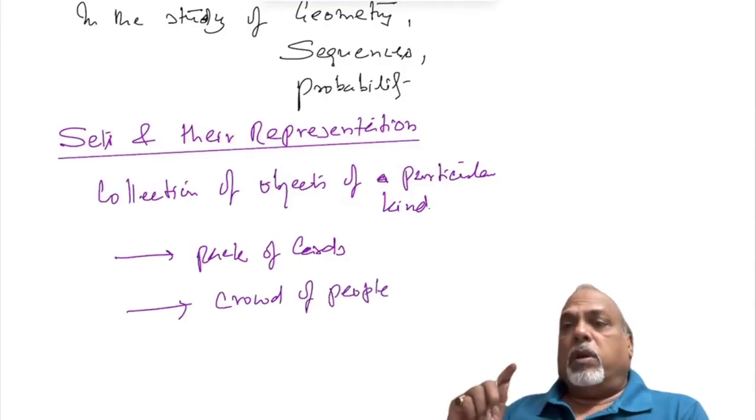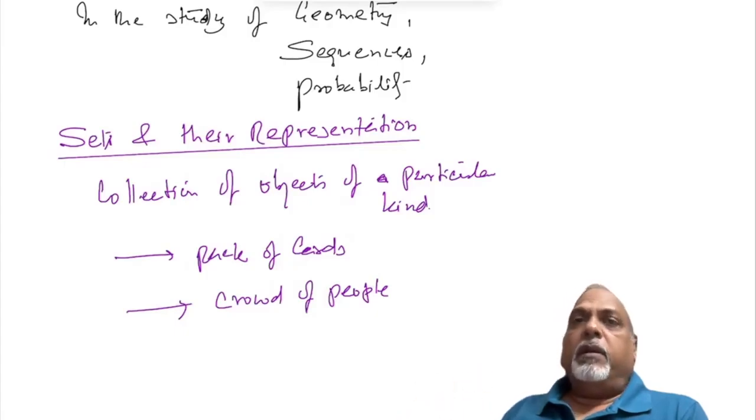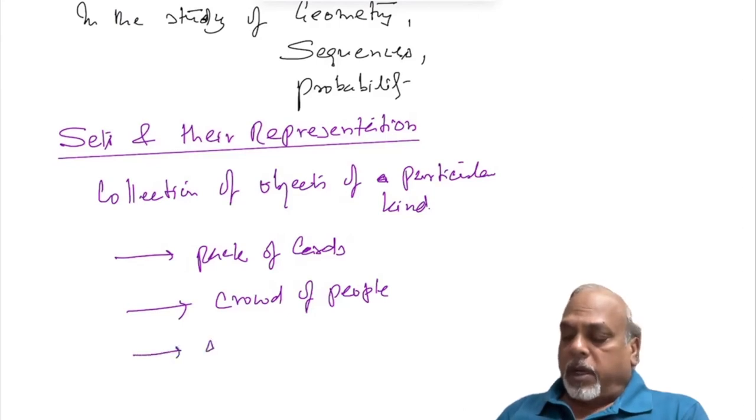We are talking about a crowd of people, not a crowd of animals or any other crowd. So this is a collection of the objects of a particular kind. Correct? A cricket team.